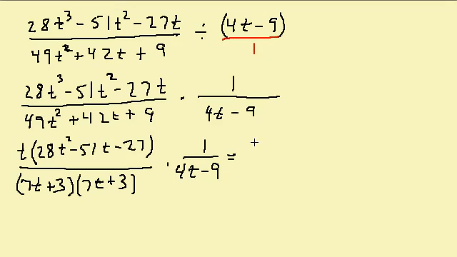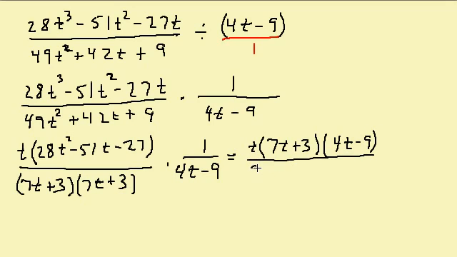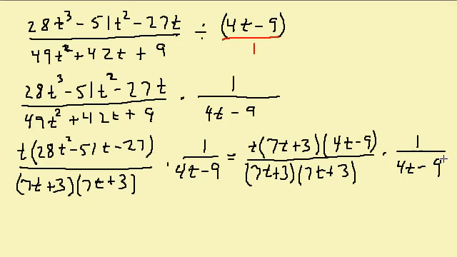So this is t times, and then that factors into 7t plus 3 times 4t minus 9 over 7t plus 3 times 7t plus 3 times 1 over 4t minus 9.